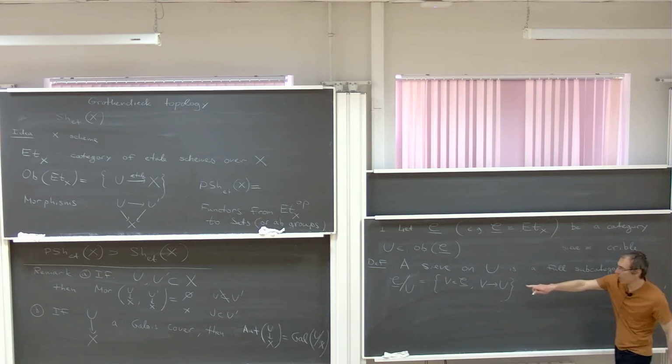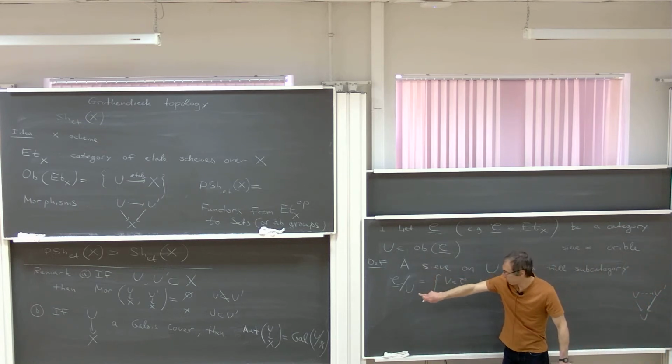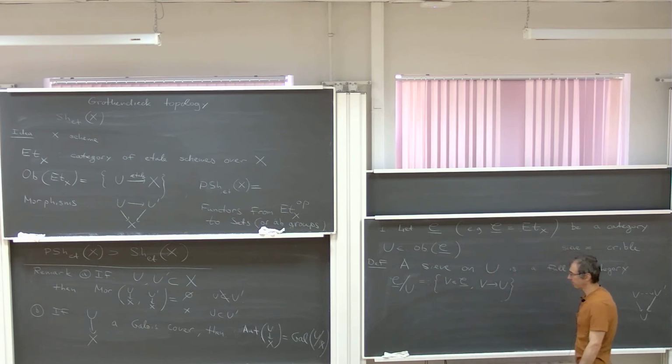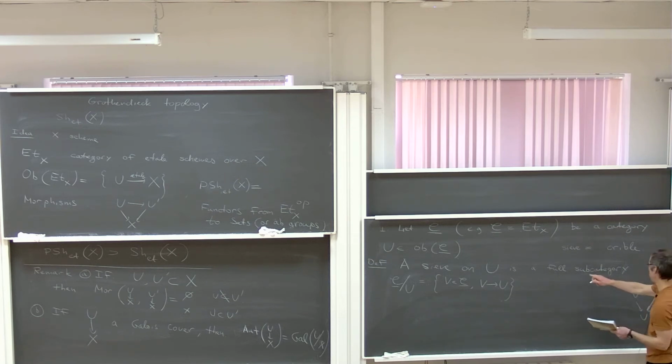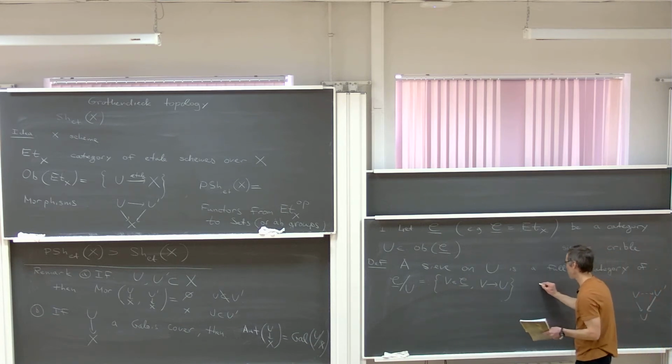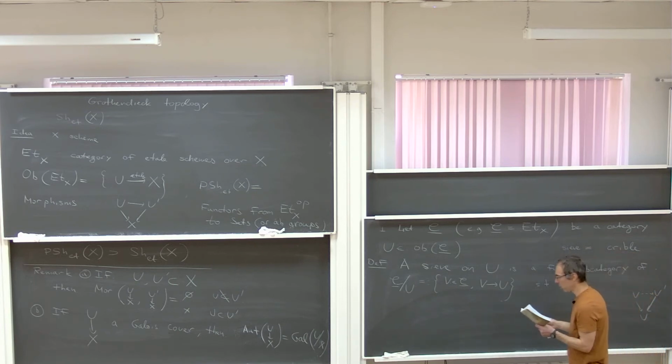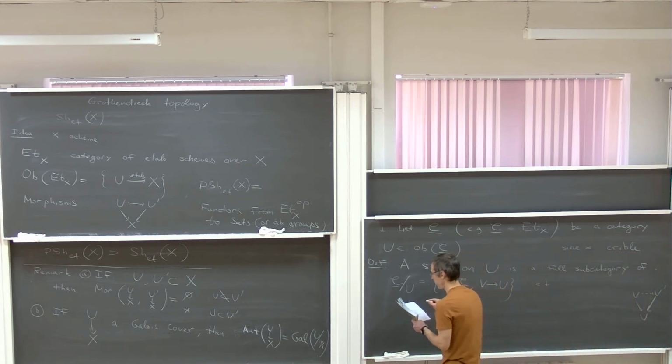So for any category and for any object, I can define a new category of objects over U, a full subcategory such that the following condition holds.